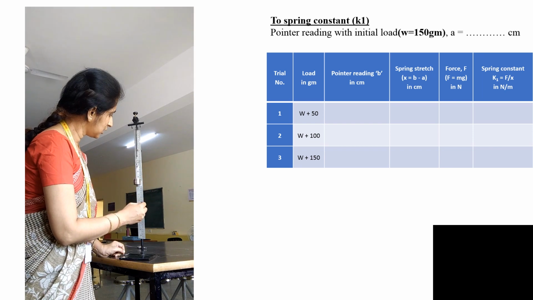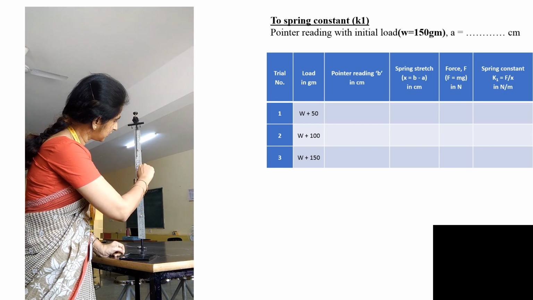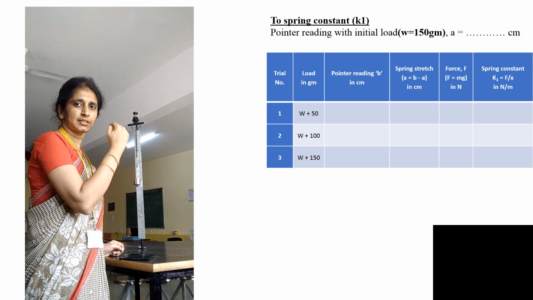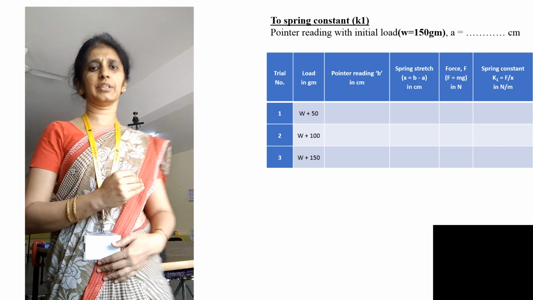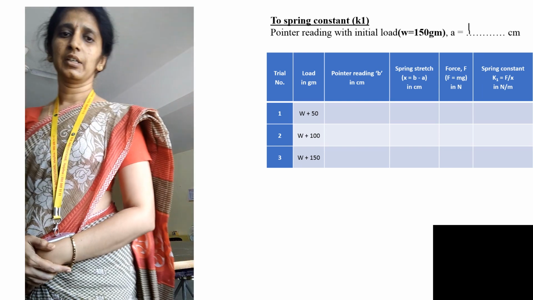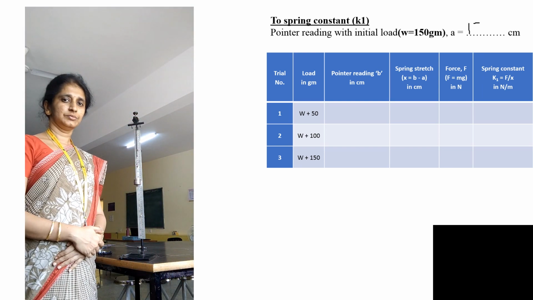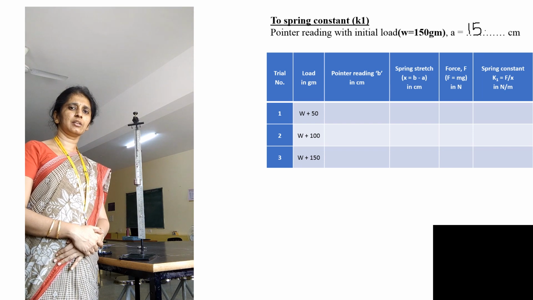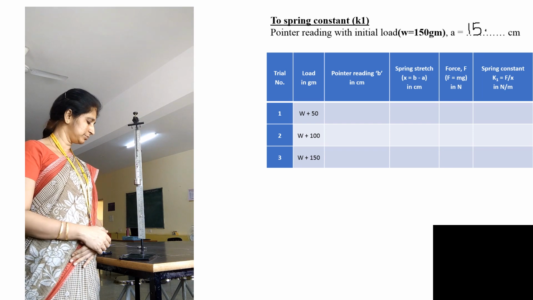With the initial load, we can see the reading. Your eyes must be exactly parallel to the pointer when you note down the reading. It comes out to be 15.2. 15.2 is the reading for the initial load. That is represented as A in your manual and in your tabular column.